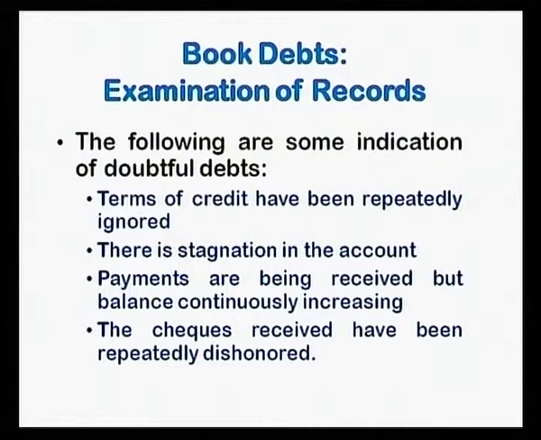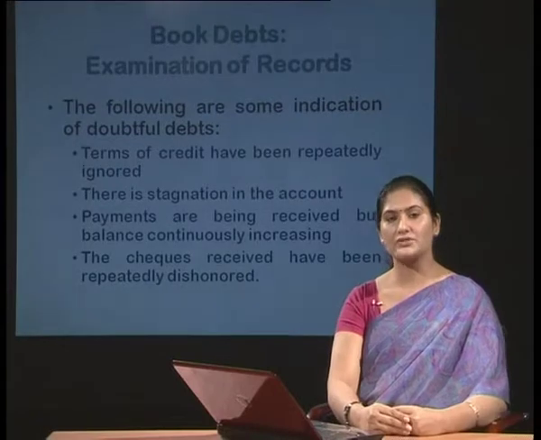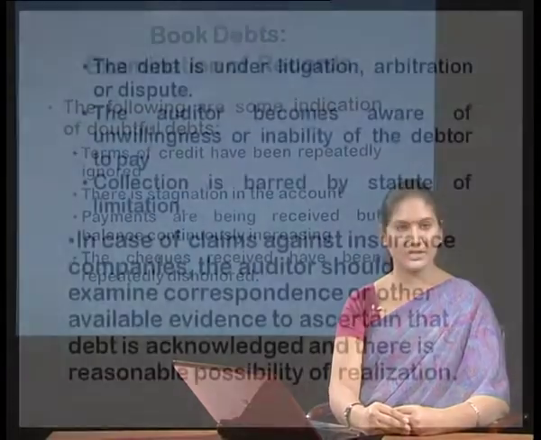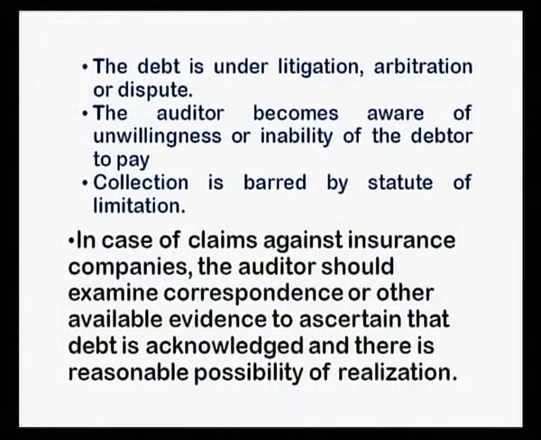And the fourth one is the checks received have been repeatedly dishonored. This shows a cash tight position with the debtors, in which the checks are being repeatedly dishonored and he has to issue fresh checks. Another one is debt is under litigation, arbitration or dispute. When the amount being asked by the entity is under a dispute with the debtor, then the debt becomes doubtful.